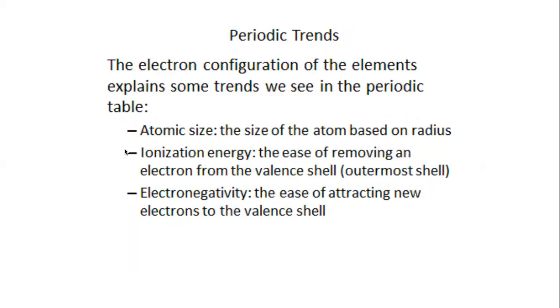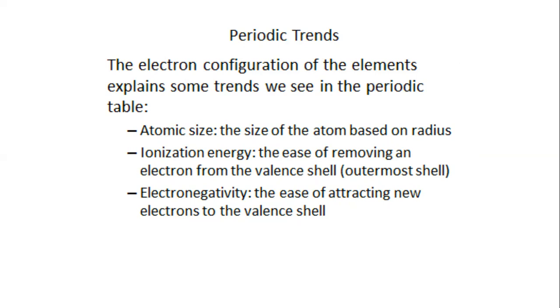And then, in addition to atomic size, we'll talk about ionization energy. So the ionization energy is the ease of removing an electron from the valence shell. The valence shell electrons are electrons that are in that outermost shell. So when we talked about sodium, we ended in a 3s shell, and so that would be our outermost shell, and you can use energy to remove that.